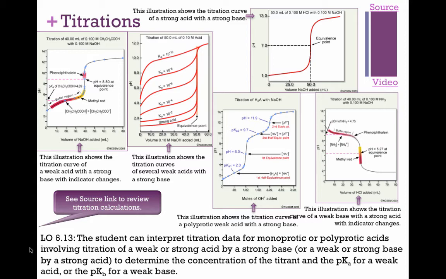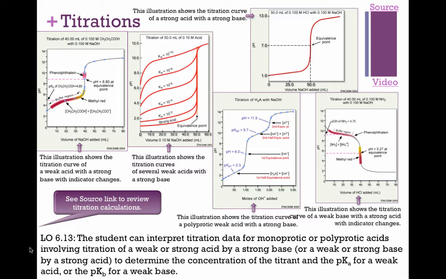Some things with titrations. Let's use this right here. This says buffer region. Buffer region is only in a strong-weak titration. You don't have a buffer region in strong. Notice in this strong curve, there's no actual curve.